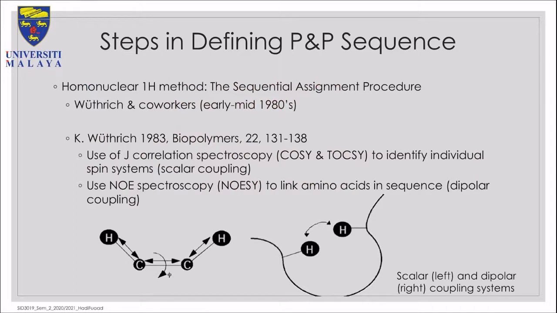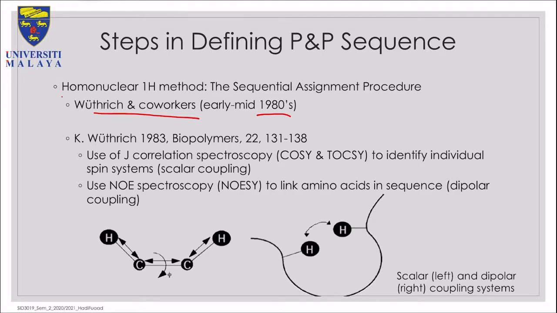Okay, now, Wüthrich and co-workers in the early 1980s, whereby at that particular time NMR spectroscopy was one of the emerging techniques. Okay, so it's very new, it's very recent. So what they did was they identified how you can actually do all these steps and processes to know proteins and peptides.